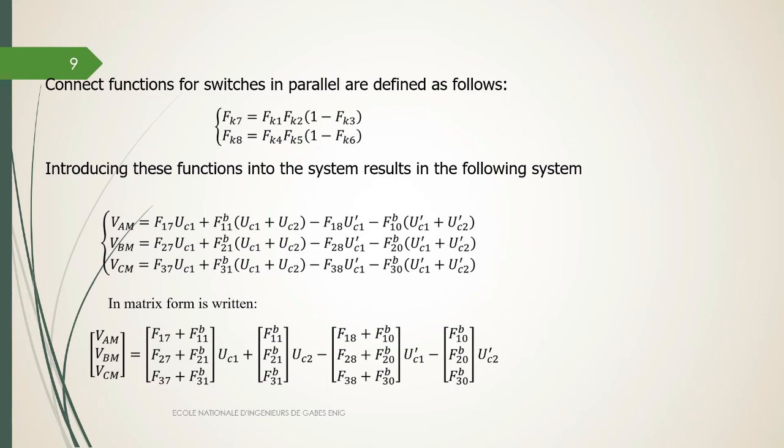Second, in three-phase SPWM, a triangle voltage wave is compared with three sinusoidal control voltages VA, VB, and VC, which are 120 degrees out of phase with each other.